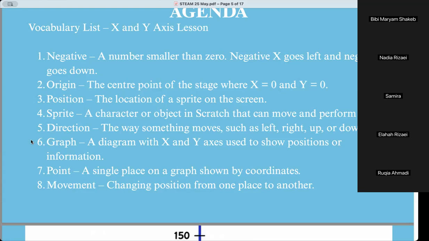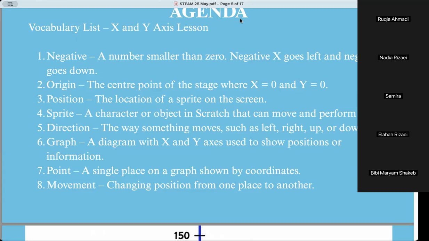Good reading, Rukia. Well done. A diagram with X and Y axis. I'm going to share it with you in a minute. We are going through the vocabulary, the words first, before we go into the drawings. So the axis: a diagram with X and Y axis used to show positions or information.